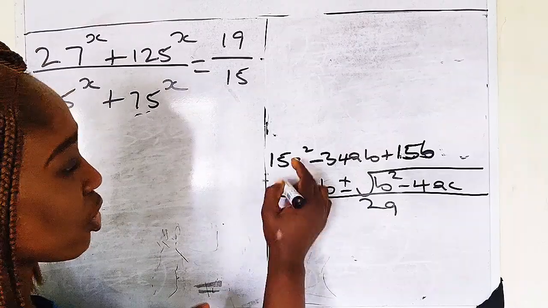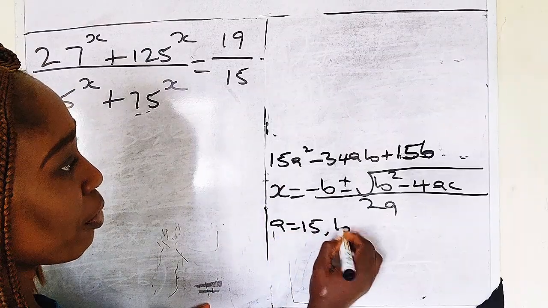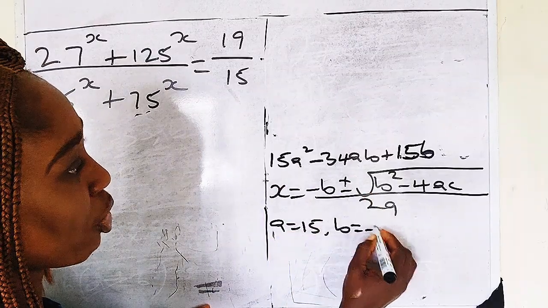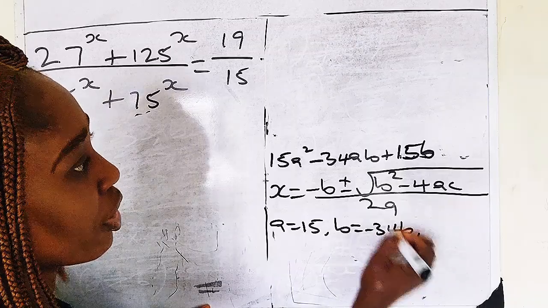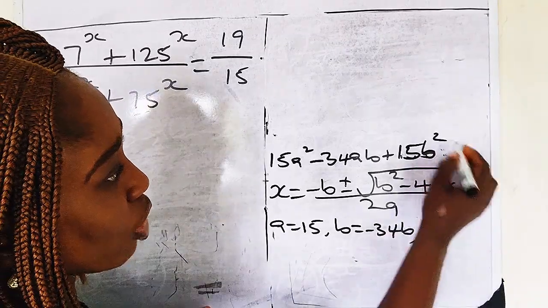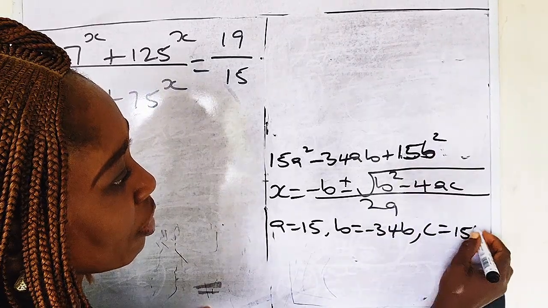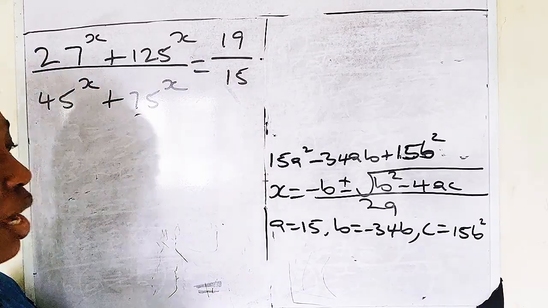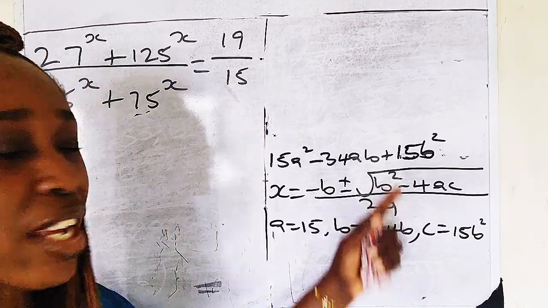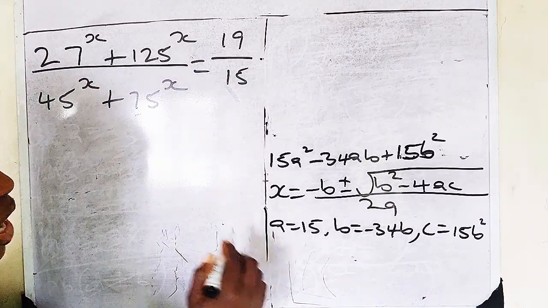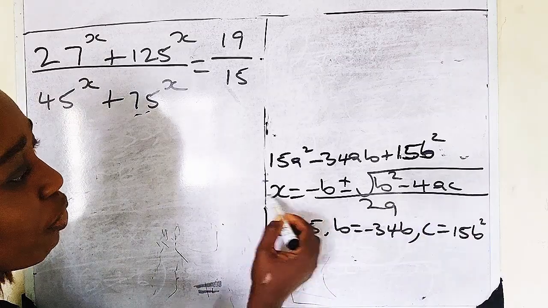Our a is equal to 15, b is equal to minus 34B, c is equal to 15B squared.